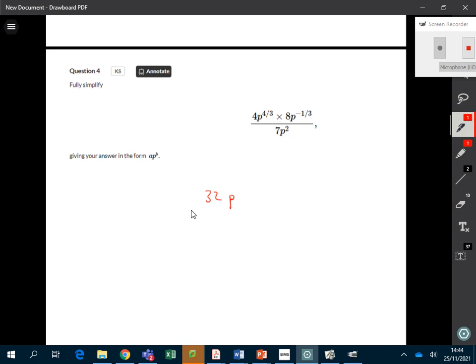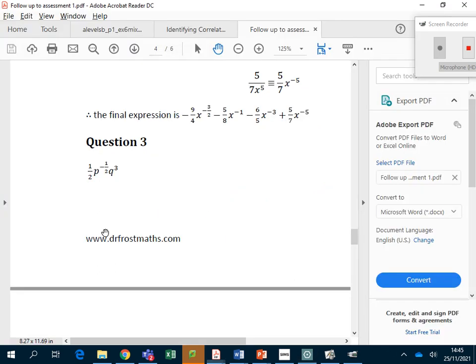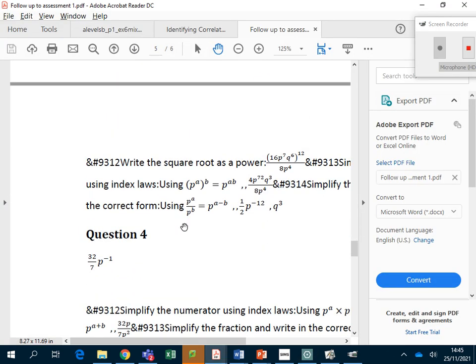So I could write p to the 1, I'll do that just for emphasis really. I could just write 32p. And then on the bottom we've got 7p squared, so 32/7, and then 1 take away 2, because we're dividing, is p to the minus 1. Okay, let's just double check that. 32p to the minus 1, great.